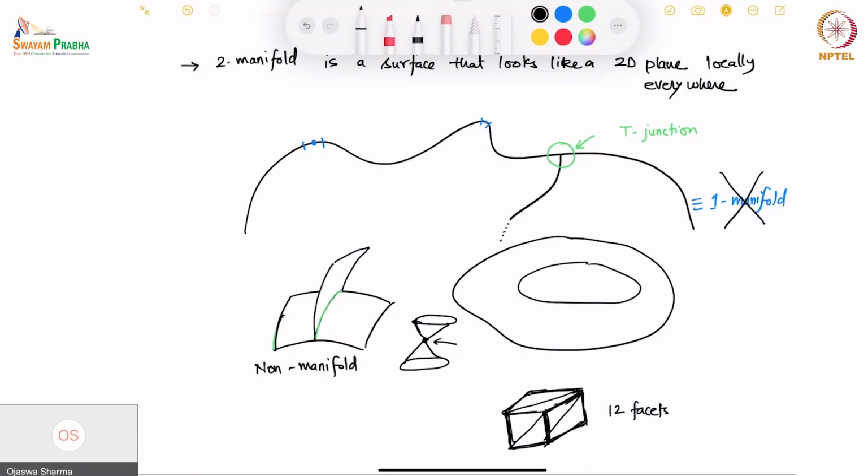Who will tell me whether it's a manifold or not? Anyone here? Yes, sir, it is manifold. Okay, who thinks that it is not a manifold?